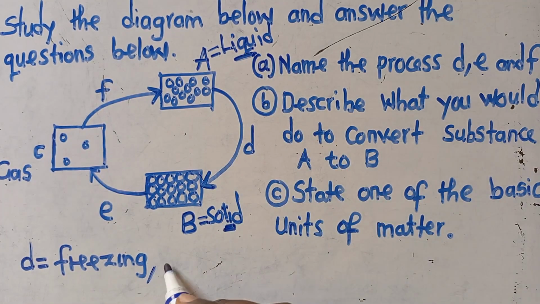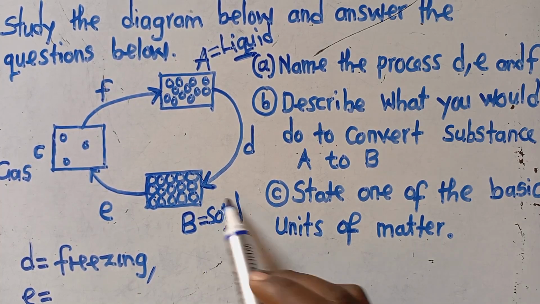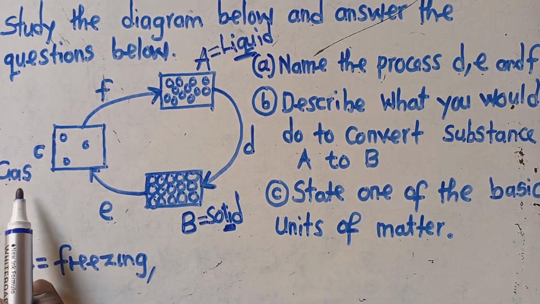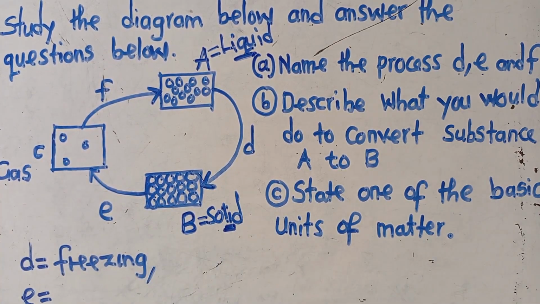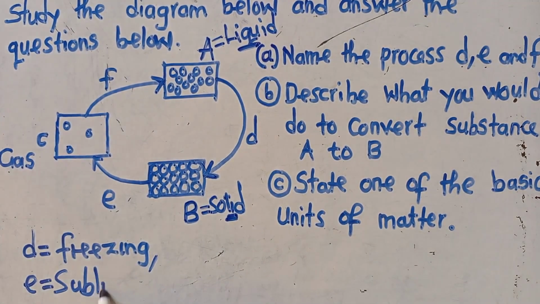And then we go to another process, that is E. What is process E? We've got a solid changing to a gas. This process is called sublimation because it is a direct change.